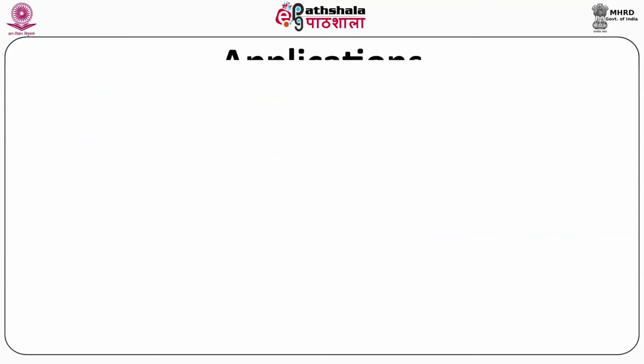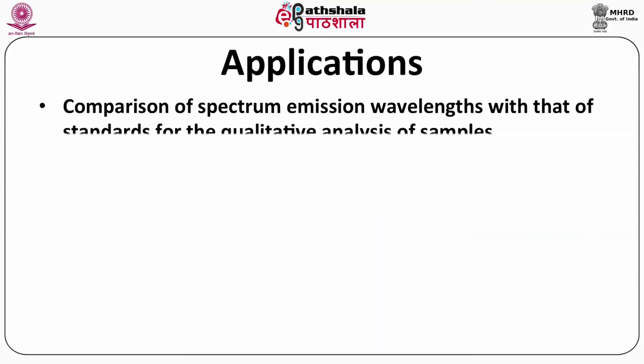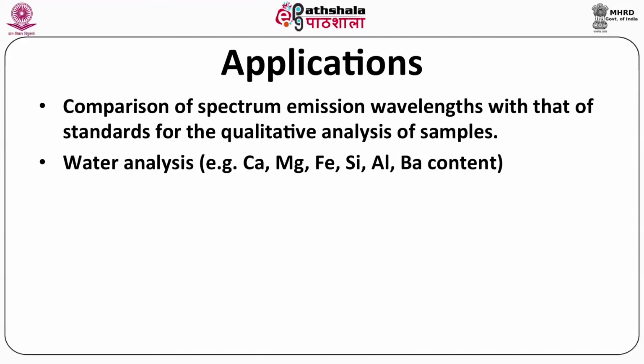We now discuss the applications of atomic flame spectroscopy. It is used for comparing a spectrum's emission wavelength with that of a standard for quantitative analysis of the sample. It is used for water analysis, for the presence of calcium, magnesium, iron, silicon, aluminum and barium in water.